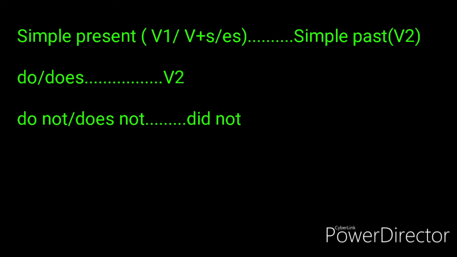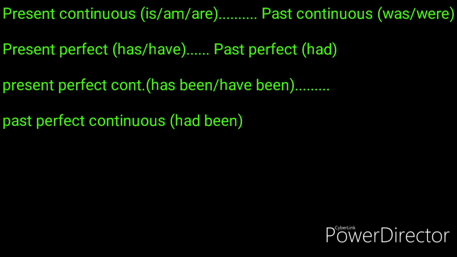Remember, all these rules which are going to be studied by us are applicable when the reporting verb, means said or said to, is in past tense. So we have to do changes in tense when the reporting clause is in past tense.